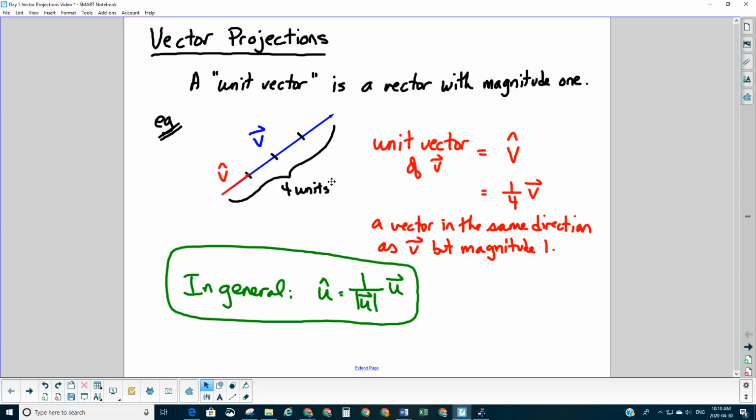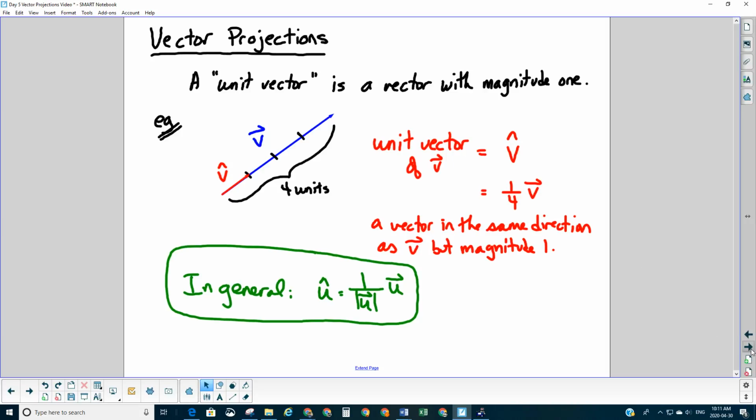If the vector was 10 units long, then the unit vector would be 1/10, 1 over the magnitude, however long it is. So if we had another vector that was 15, it would be 1/15 of the original. The unit vector, though, is a fraction of the original, but only a magnitude of 1. Okay, so we're going to need that notation as we move on to projections.